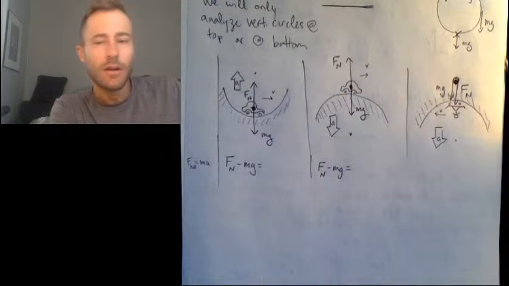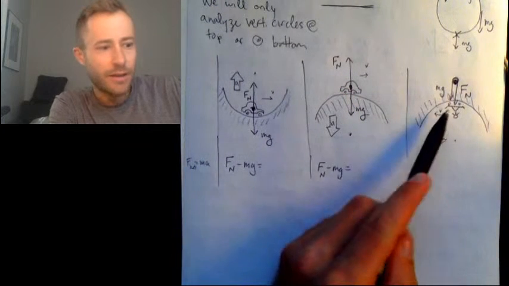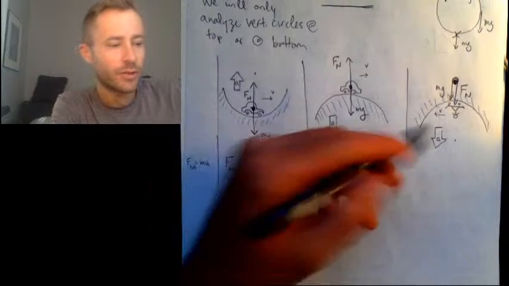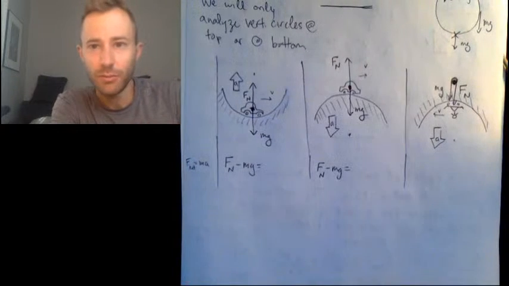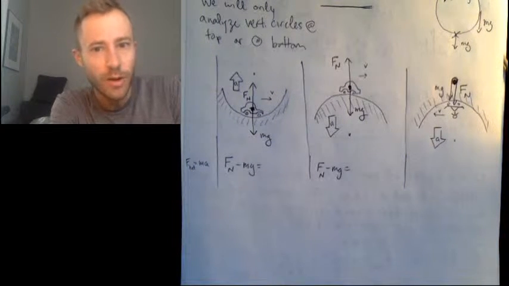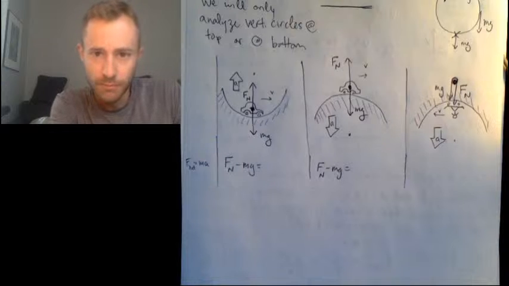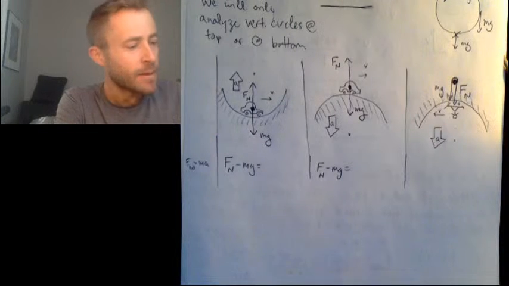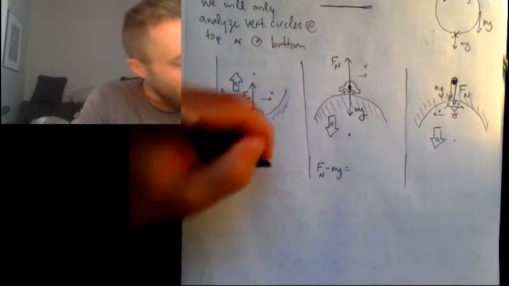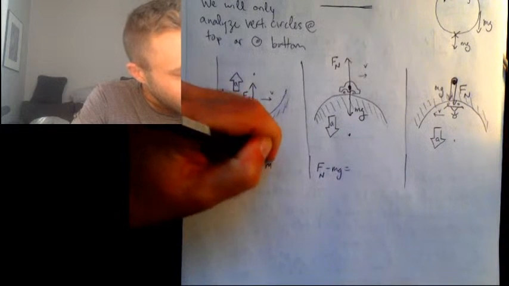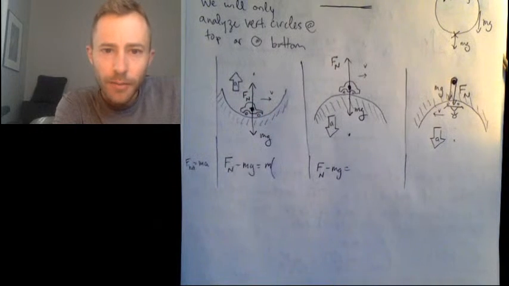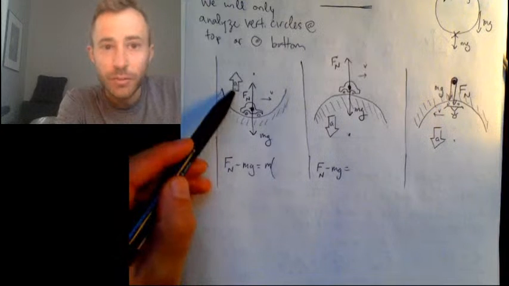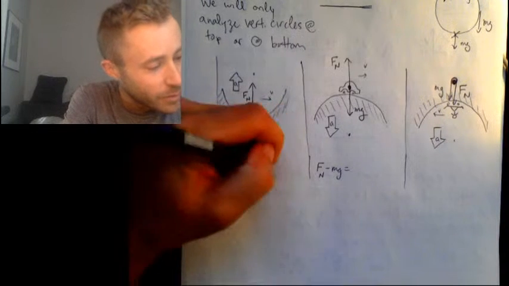Okay? Type it into the chat if you know what is the expression for the net force in this case where both the normal and the weight force are downward. All right? Now I'm going to do ma. So here, the acceleration points upwards. So the acceleration is a positive number.